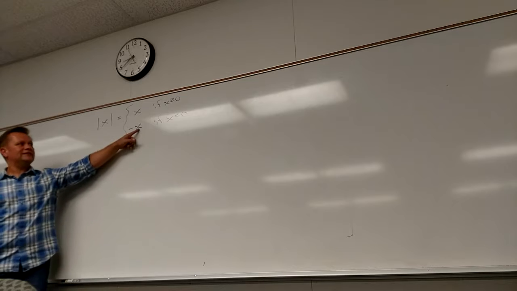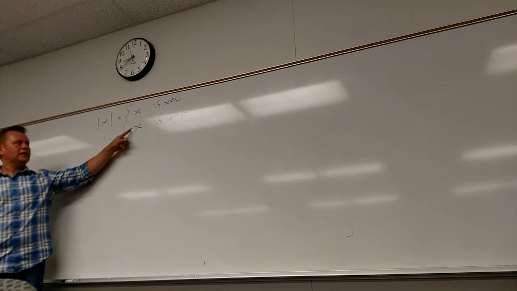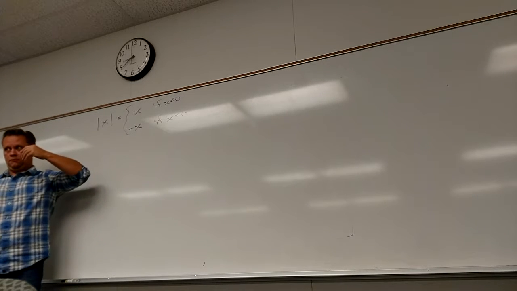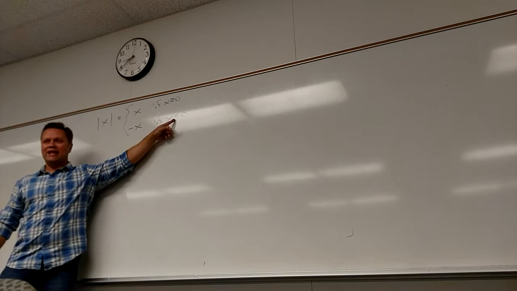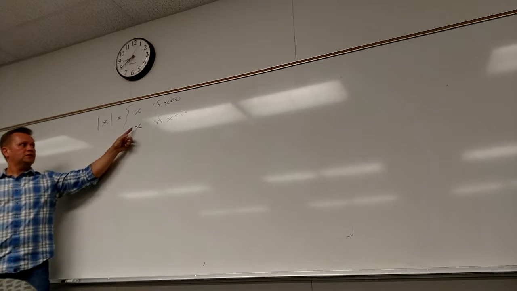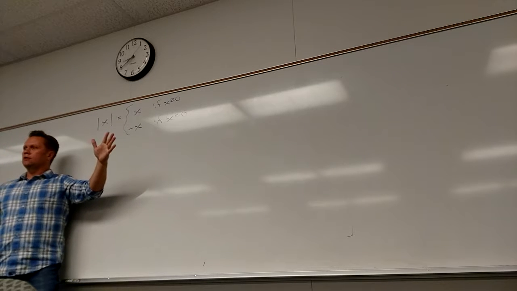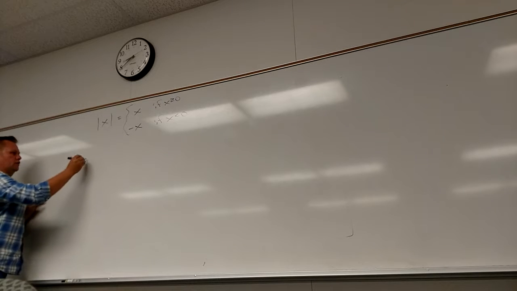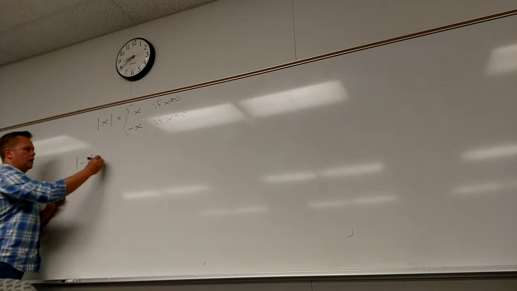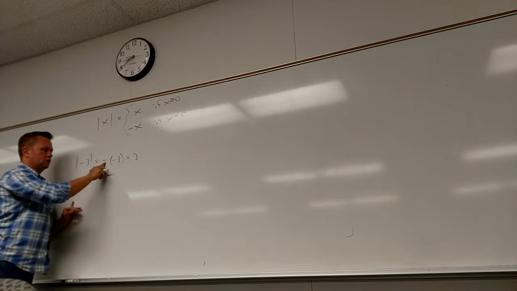If x is negative, what's negative x? What's a negative times a negative? Positive. If x is negative, then the opposite of x is positive. These are the two things that this does, isn't it? What's the absolute value of negative 3? The opposite of negative 3, which is 3. Doesn't it change its sign?